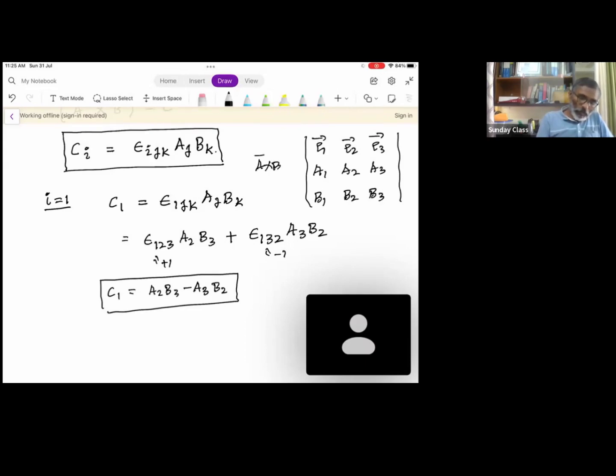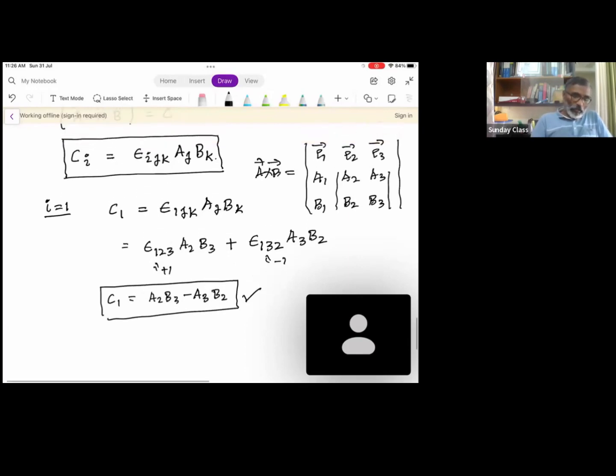A cross B is always written like this. So the first one is basically the determinant of this submatrix, A2, B3 minus A3, B2. So that is what we have got here. Now you take I is equal to 2, you will get the relevant term again. So in general, a cross product can be defined by using this epsilon ijk.